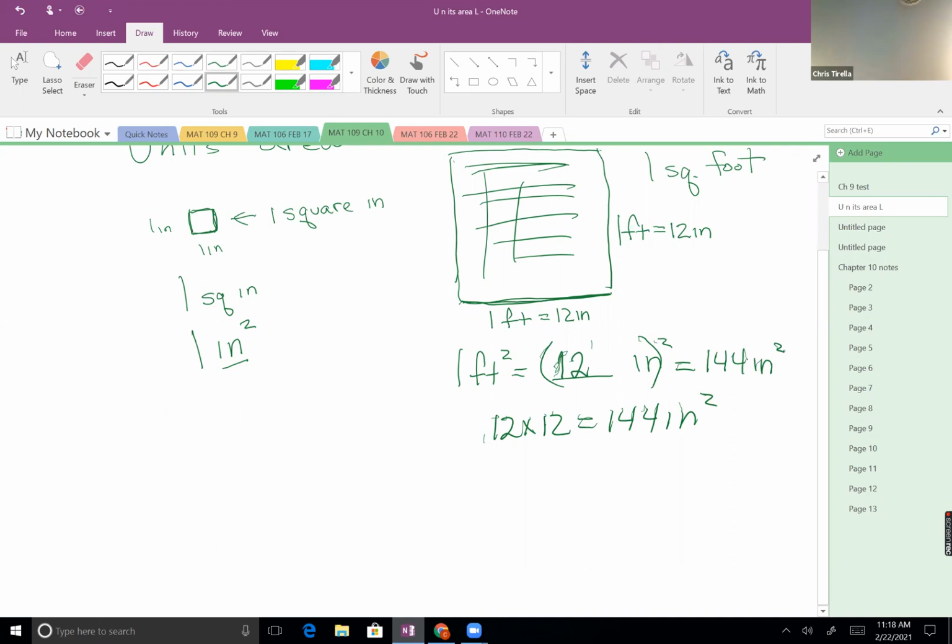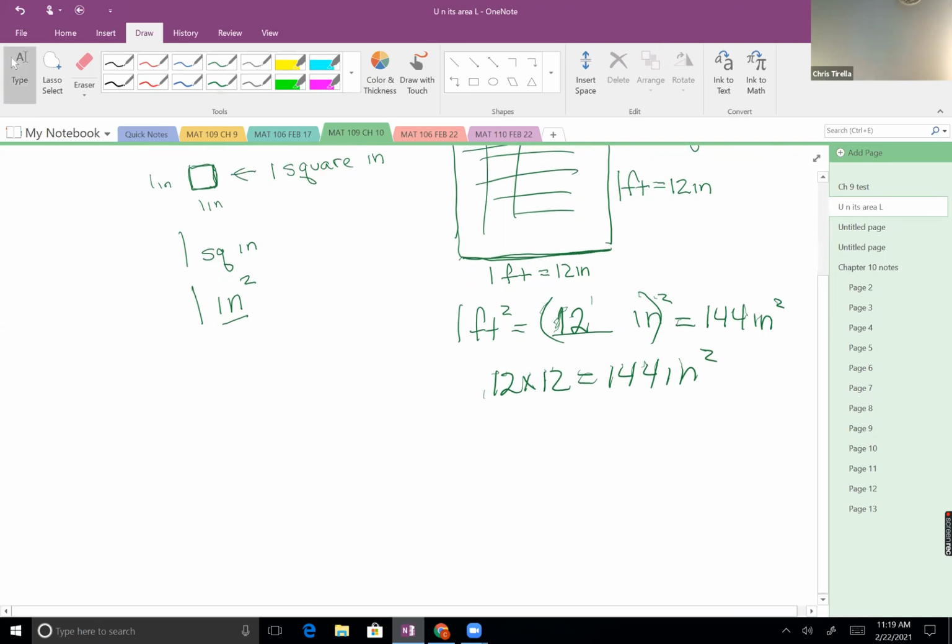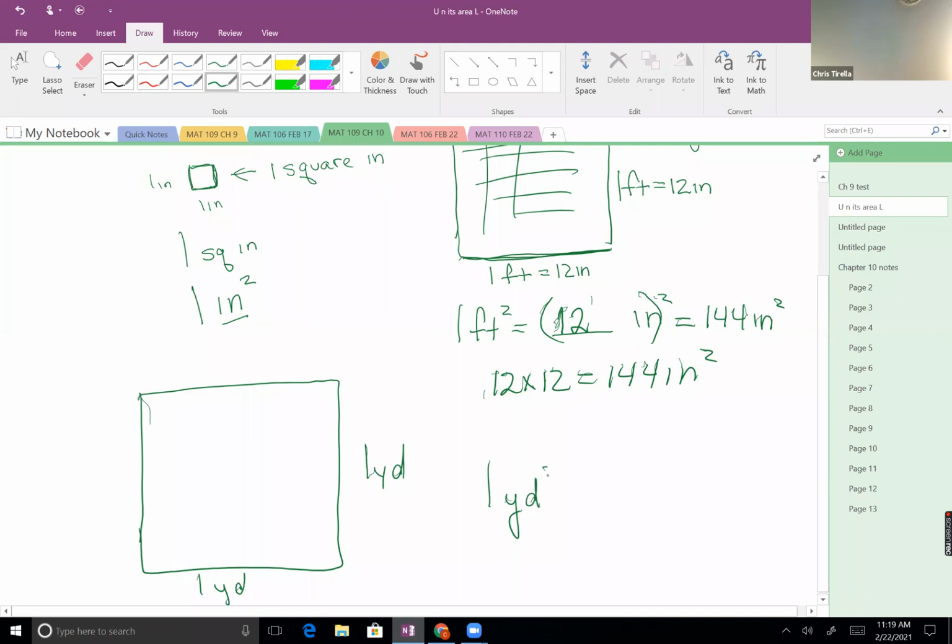And when I look at area, I square that unit of length, that conversion fact of length. So if I had something that was 1 yard by 1 yard, it would be 1 square yard.